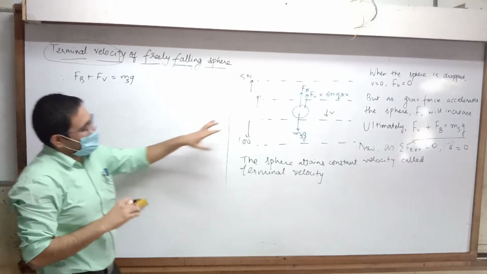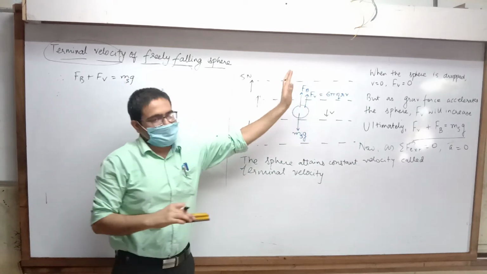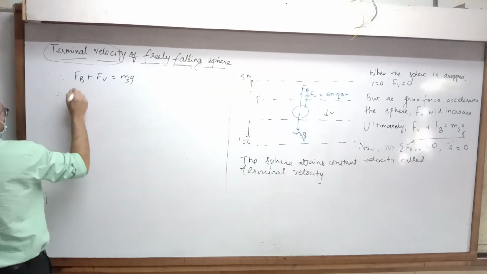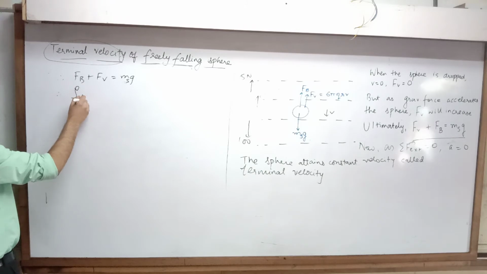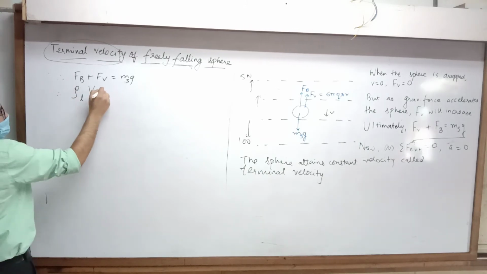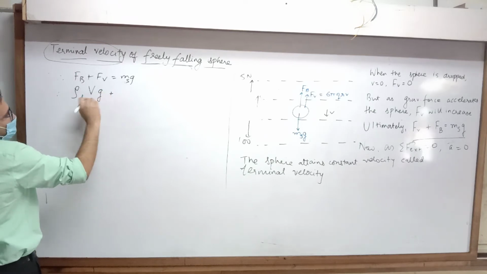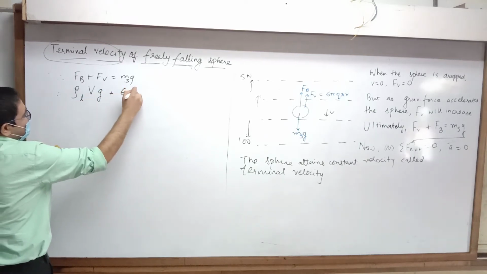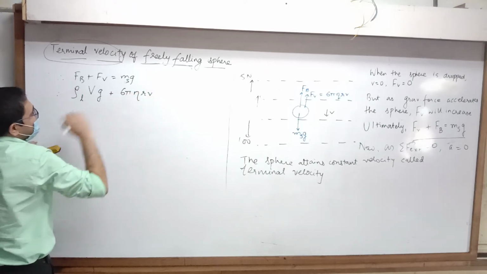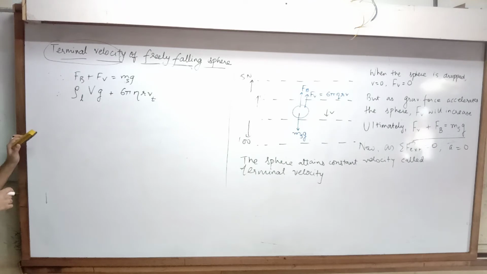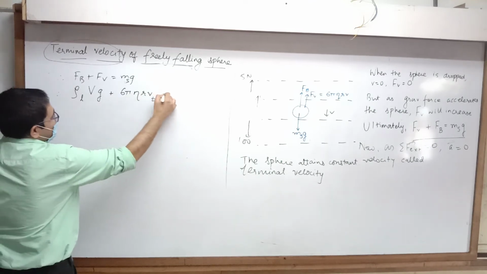Let's put all the values. At that time this object is completely inside the fluid, so buoyant force is rho L times V immersed, the whole volume, times g, plus Fv's formula 6 pi eta r V, where instead of V I write VT for terminal, is equal to mg.